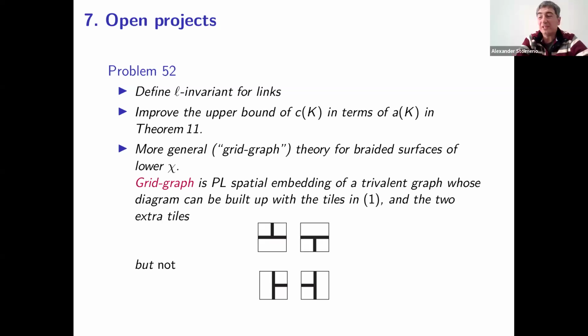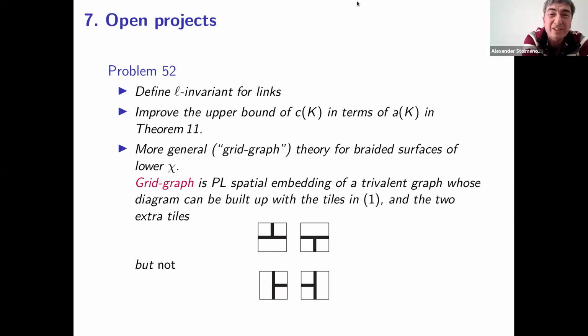So this whole story started with my desire to understand how a braided surface looks like, and I started with the simplest non-trivial case. This turned out to be already very complicated, but this gives many applications to grid diagrams. Now you can generalize it to, so how can you formalize this further in a grid diagram, you generalize this by saying you allow these triangular crossings.